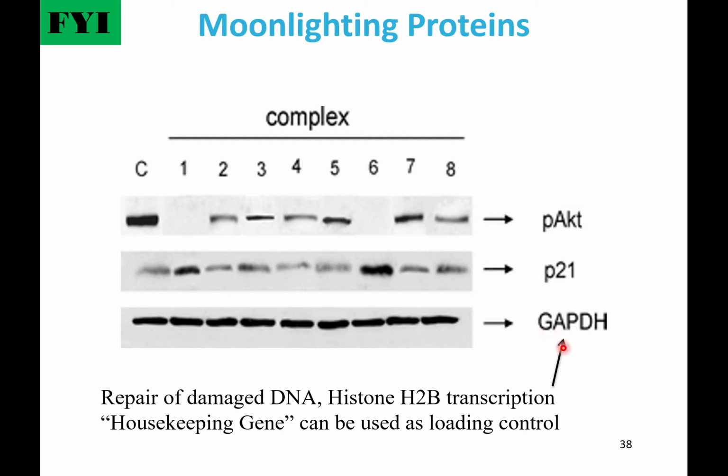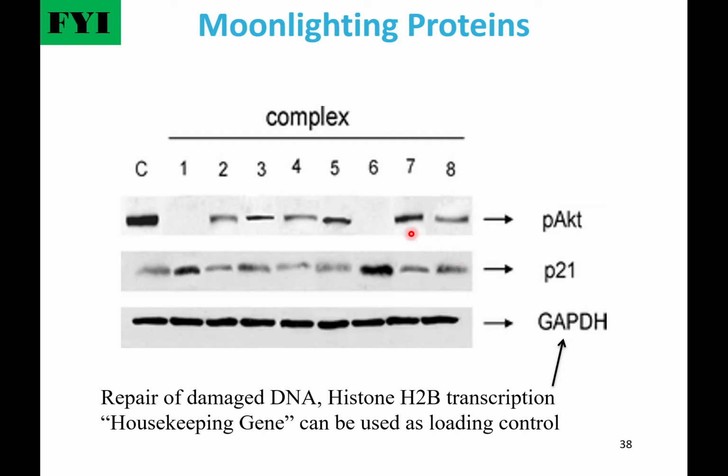And because of that, you can use it when you're doing gels or Western blots. You can use it as a loading control to ensure that you're loading the same amount of cellular material onto each lane of the gel.